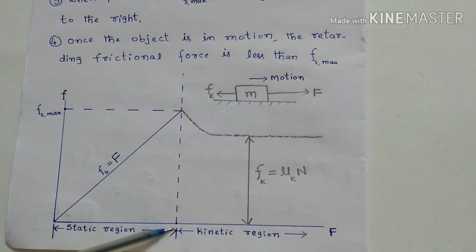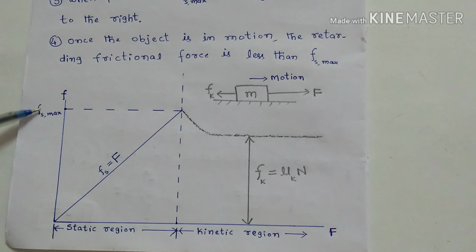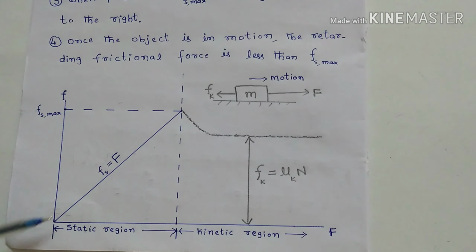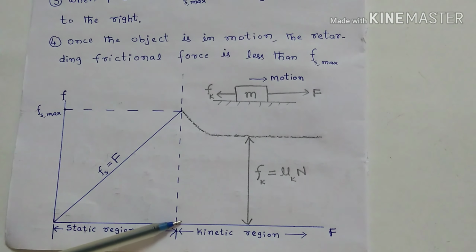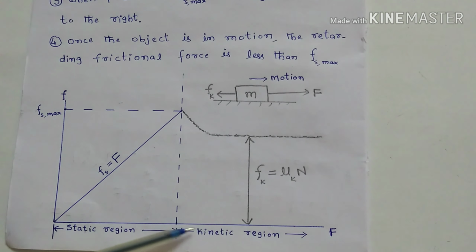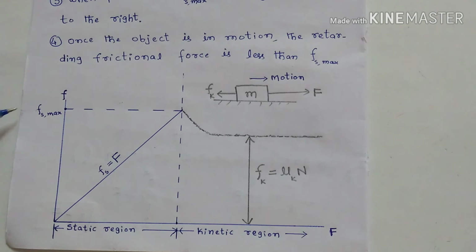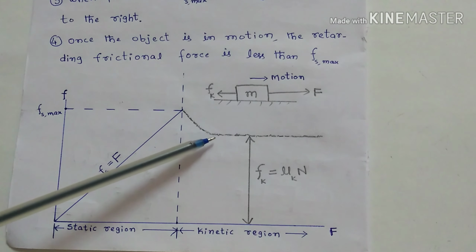When the maximum value is reached here, this is the maximum force of static friction. From here to here, you are applying force, and the object is at rest. That is why this region is called the static region. After this, what happens? Immediately, it started moving. So this maximum force of static friction decreases like this.